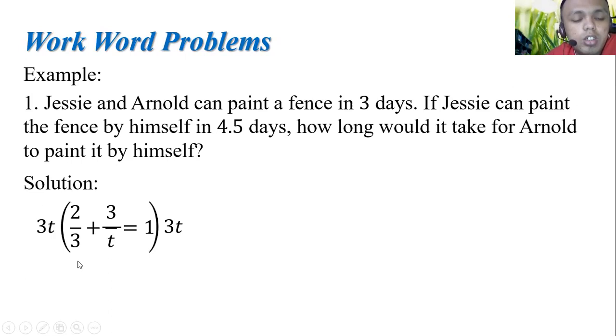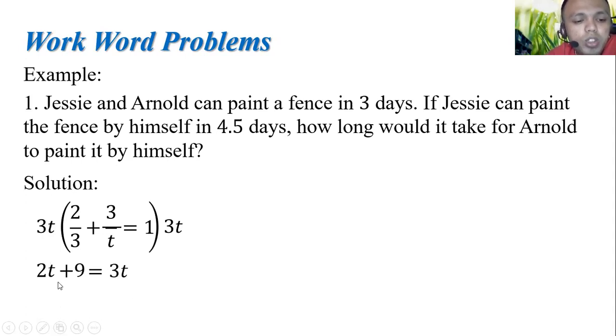The LCD here is 3T, because 3 times T is 3T. That is what we multiply on both sides. Here, cancel out the 3, and what remains is T times 2, which is 2T. Then here, in 3 over T, cancel out the T. Then 3 times 3 is 9. Then 1 times 3T is 3T.